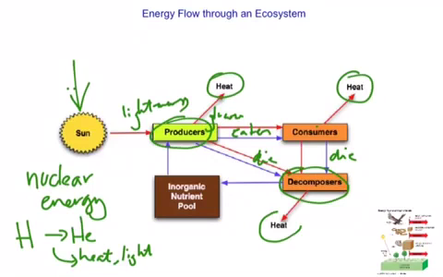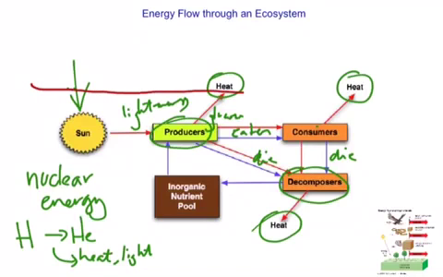And they also tend to lose some of that energy as heat. And then the decomposers can return some of that energy back to the very chemicals, the very atoms or the molecules that are found in the general soil or the atmosphere, which can then be absorbed back again into the plants. So essentially you have roughly a one-way flow of energy.